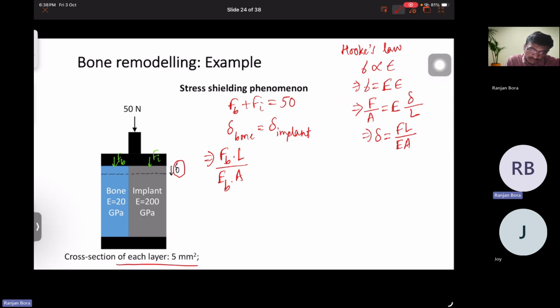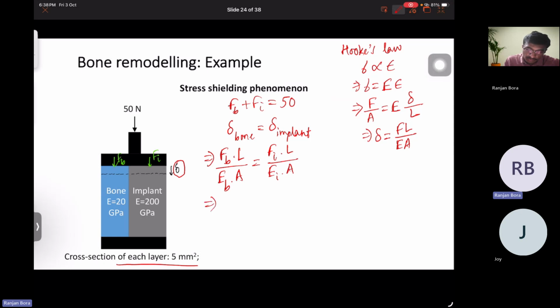Since the cross section of each layer is the same, I am using the symbol A for cross section and symbol L for length. Length is also the same for both bone and implant. For implant, it is Fi times L divided by EI times A. So L and A will get cancelled from both sides.